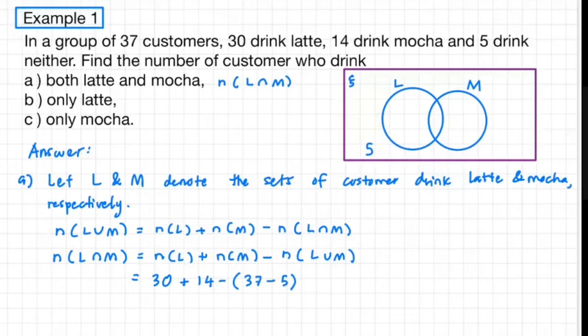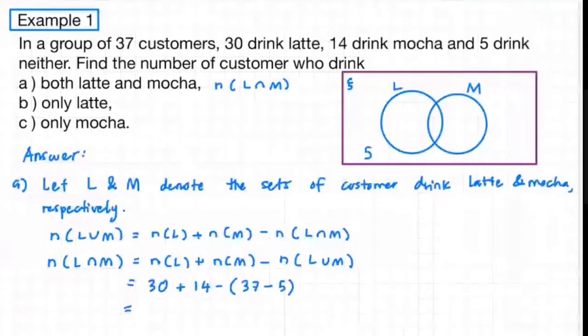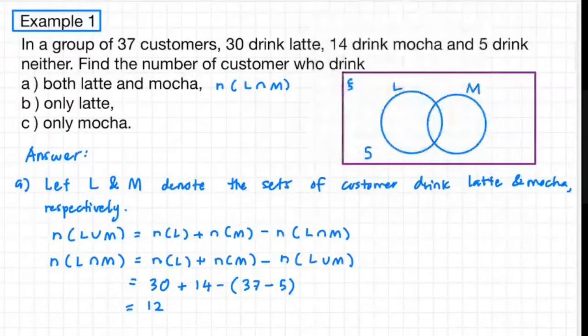So now let's solve this problem: 30 plus 14 minus 37 minus 5. You will get 12. So L intersection M must be 12.